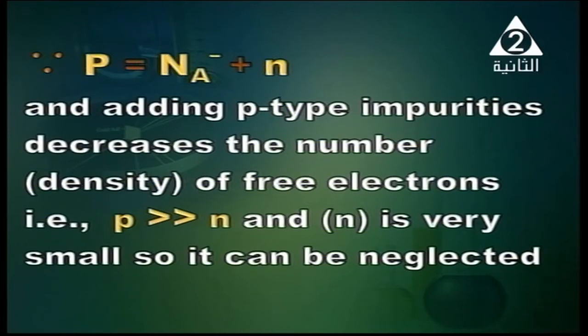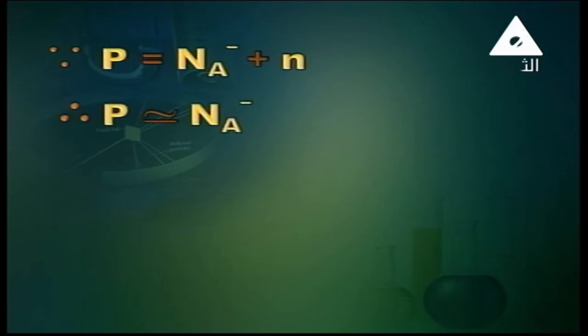The number of positive holes is much greater than the number of free electrons, so the number of free electrons is very small. Actually, it is diminishing.